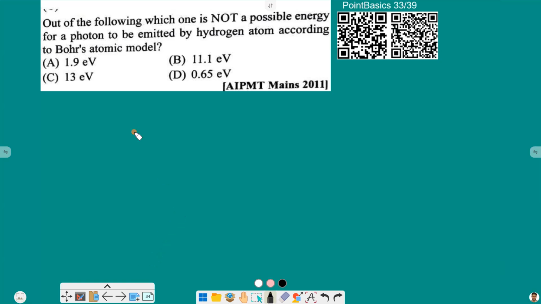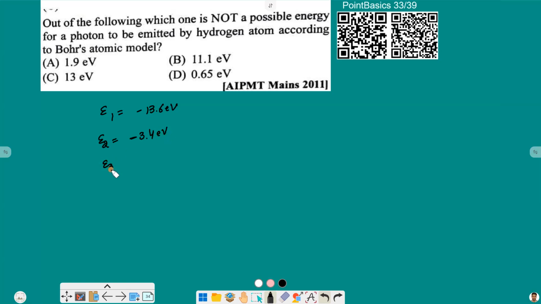Moving to the next one. Out of the following, which one is not a possible energy for a photon emitted by the hydrogen atom according to the Bohr model? We know that the energy for the first level is minus 13.6 electron volt. So the maximum energy of the emitted photon can be 13.6 electron volt, so all options are possible according to that. Now let's move to the other levels. For the second level we have minus 3.4 electron volt.